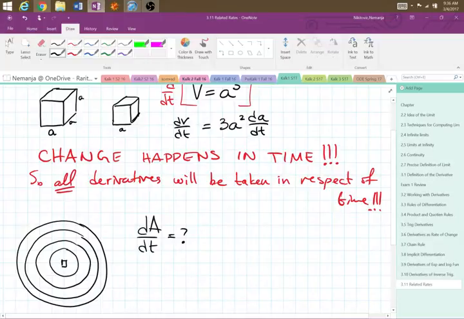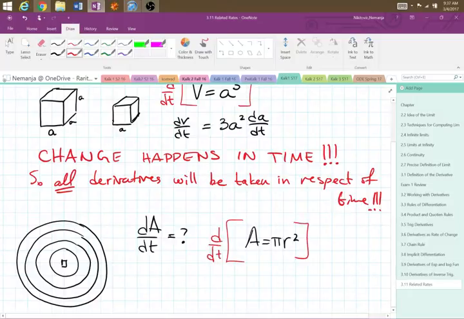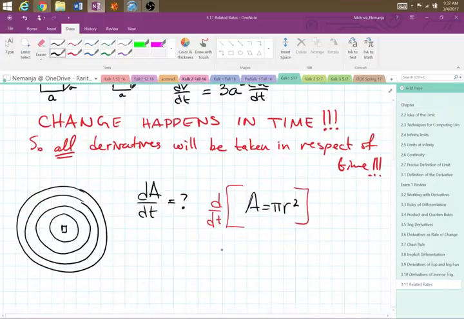Now, area of the circle. You already know what the formula for that is. What is it? So pi r squared. What I need to do is hit that with a change in time. So the left-hand side is this dA dt that we want to compute. The right-hand side, you get 2 pi r dr dt.